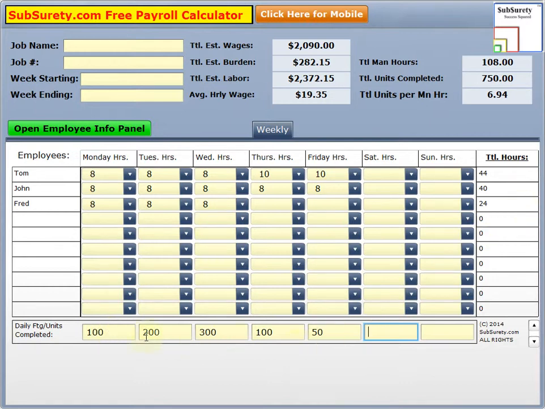So once I put in their productivity down here at the bottom, now I have total units completed, 750 square feet, and the total units per man hour, 6.94. That's pretty low for tile. Maybe there's some floating, or who knows what the deal was, but my guys were a little bit slow this week.